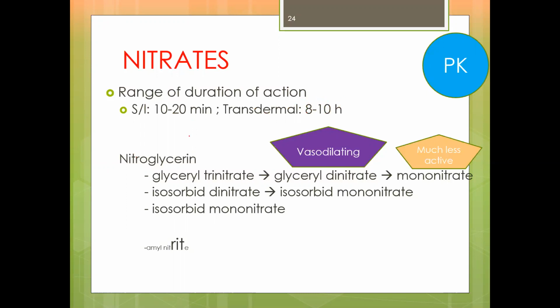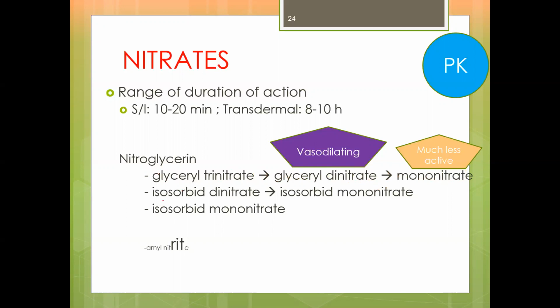So nitroglycerin, so we have glyceryl trinitrate converting into glyceryl dinitrate. And then glyceryl dinitrate is a vasodilator, it dilates vessels, and then it gets converted to glyceryl mononitrate, which is much less active compared to glyceryl dinitrate.